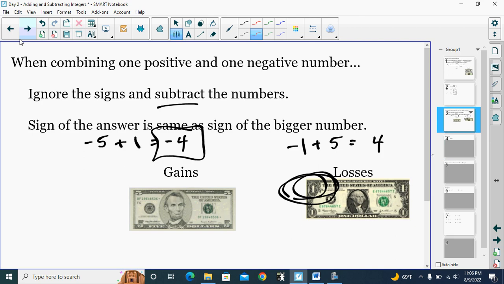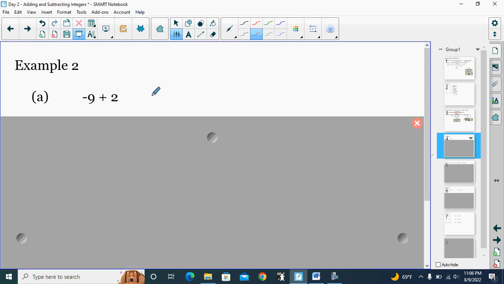When that is the case, one positive and one negative, we're going to subtract. So we're just going to do 9 minus 2. I'm ignoring the signs. I'm not worried about this being negative and this being positive. I decided to subtract. I'm just doing 9 minus 2 is 7. And then the bigger number, 9 or 2, the bigger number is the 9, which was negative, so my answer should be negative 7.